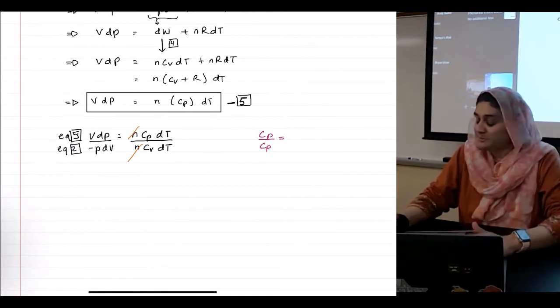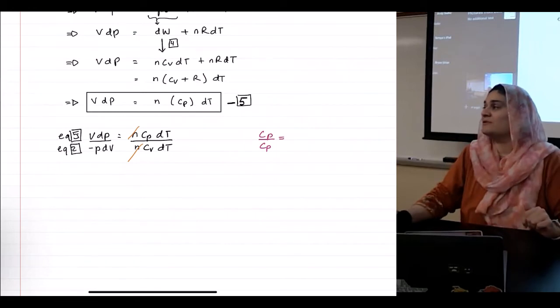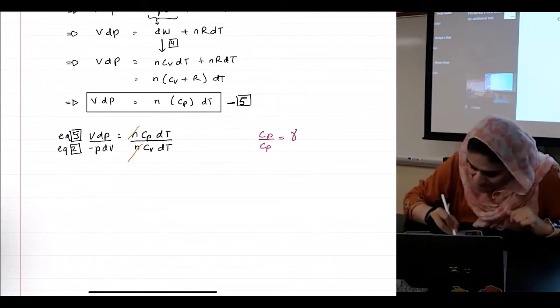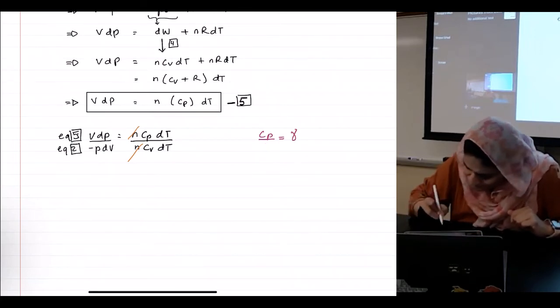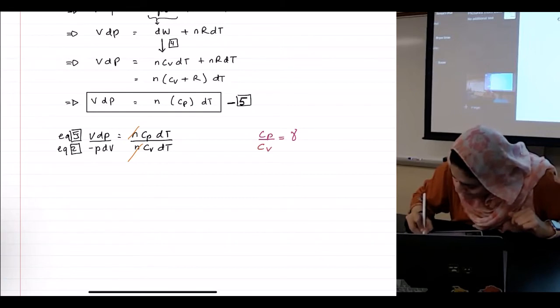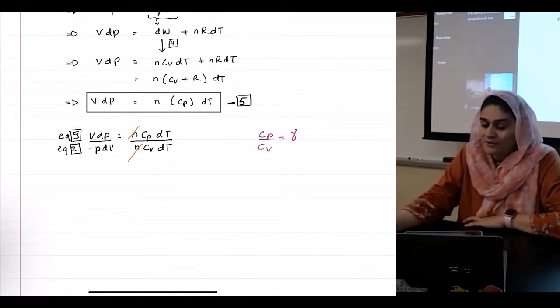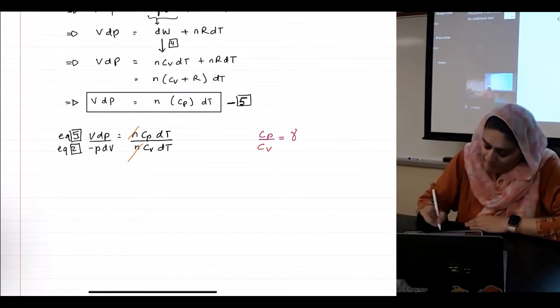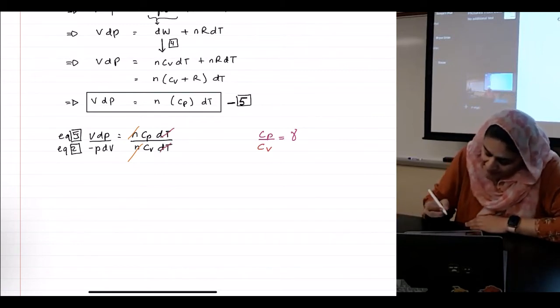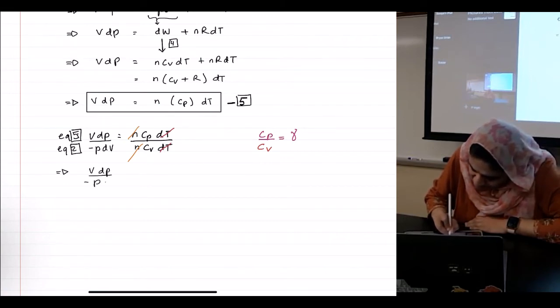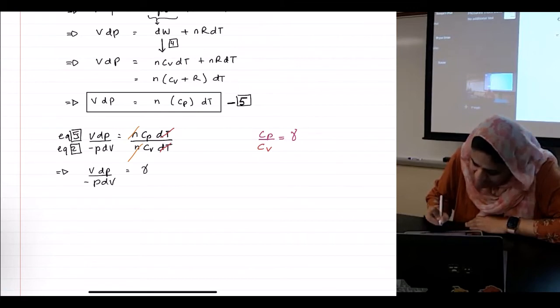Specific heat ratio. And what was the term for it? CP over CV. Gamma. That's what I have, right? CP over CV, that's gamma. And do the dTs go away? What am I left with? VdP over negative PdV equals gamma.